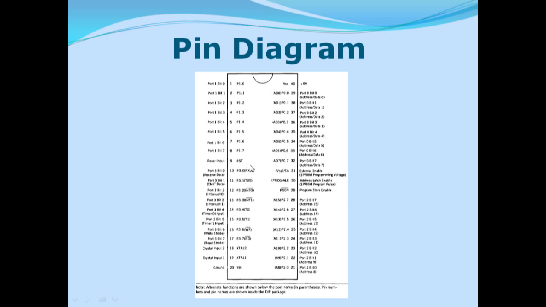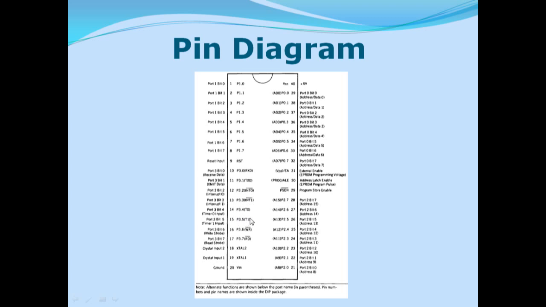These two pins we are going to use for serial communication. The next two pins, P3.2 and P3.3, are interrupt pins, that is general purpose interrupts INT0 and INT1. Both are active low signals, so they are indicated as INT0 bar and INT1 bar.